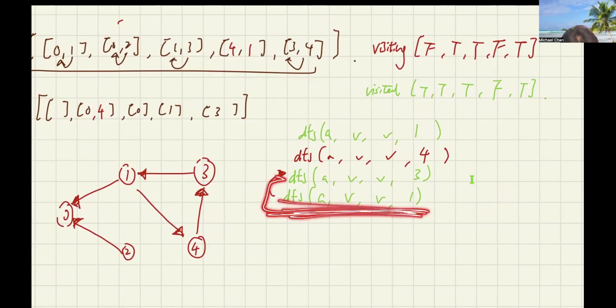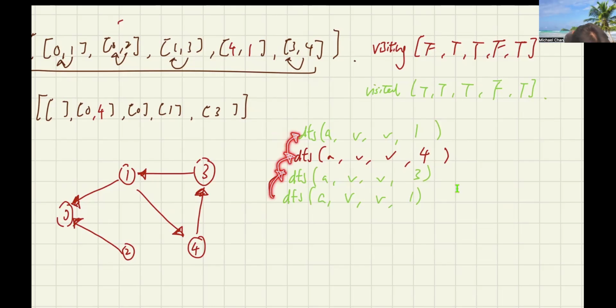So in the 3 call, you would return false. So you return false for this one, therefore you return false for this one, therefore you return false for this one, right? So in the main function, you simply return false. That's how we recursively make it so that we find the cycle.